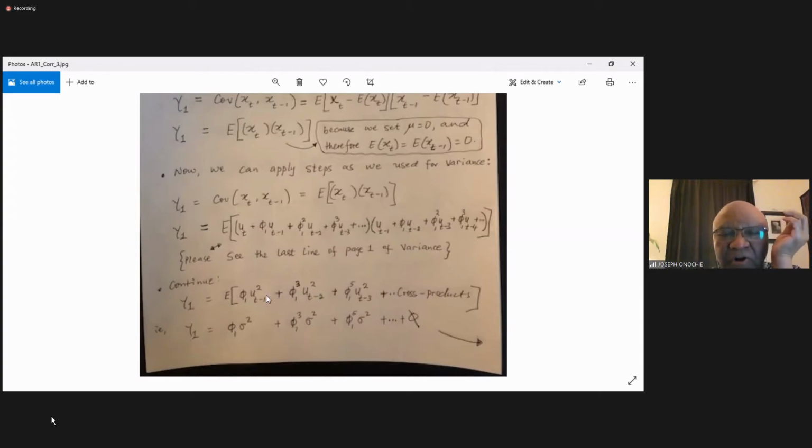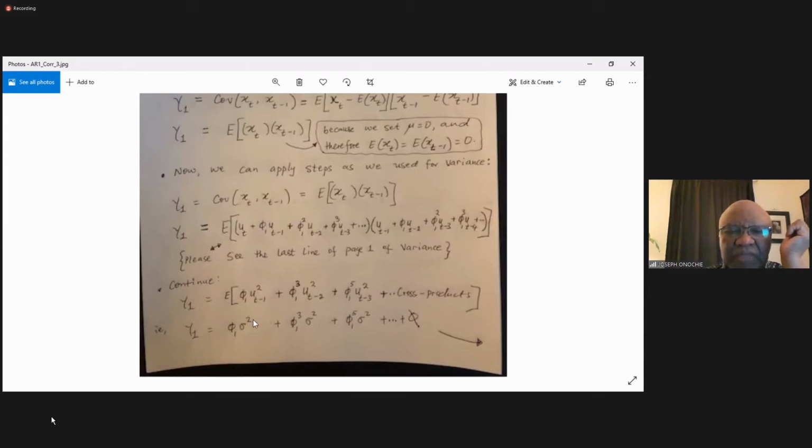So I just hold on to where we have ut minus 1 squared, ut minus 2 squared, ut minus 3 squared, ut minus 4 squared, and everywhere I have ut minus 1 and ut minus 2, ut minus 1 and ut minus 3, ut minus 2, I put them all as cross product because when I hit them with the expectation, everything zeroes out. So my life is easy.